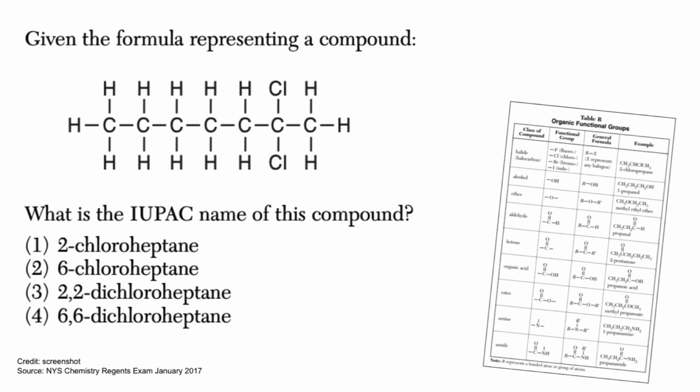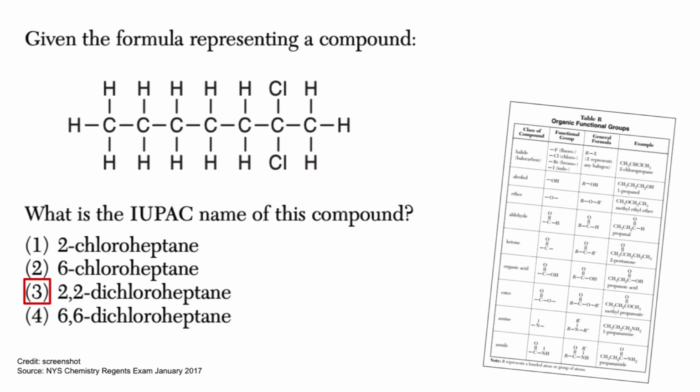Because there are 2 chlorines coming off of the second carbon from the right, the name of this would be 2,2-dichloroheptane. I didn't talk about the prefixes di, tri, using the prefixes to go in front of the name of the halogens, but essentially you are putting a prefix there that will match how many numbers you wrote. So 2 numbers is di.